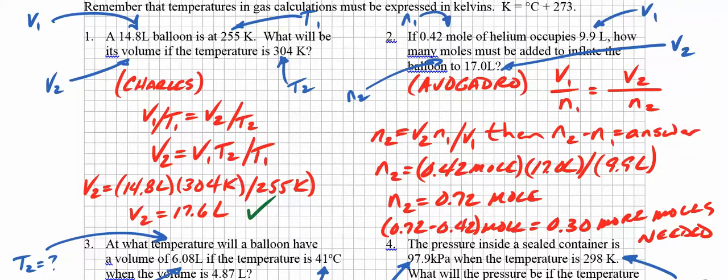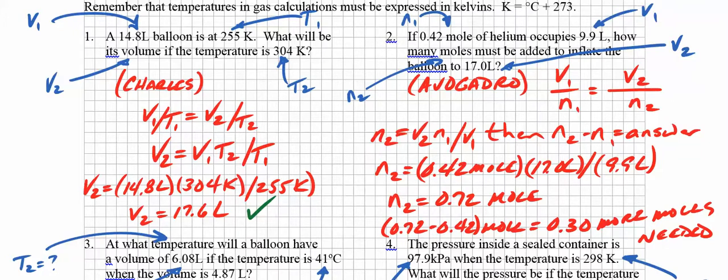V1 over N1 is equal to V2 over N2. So now let's solve for N2. N2 is equal to V2 times N1 divided by V1. So the amount we need to add is N2 minus N1. That'll be our answer. So now let's determine N2. N2 is equal to 0.42 moles times 17.0 liters divided by 9.9 liters.